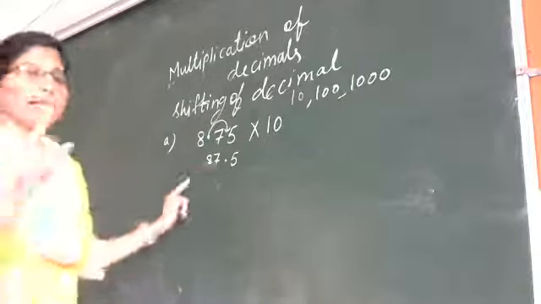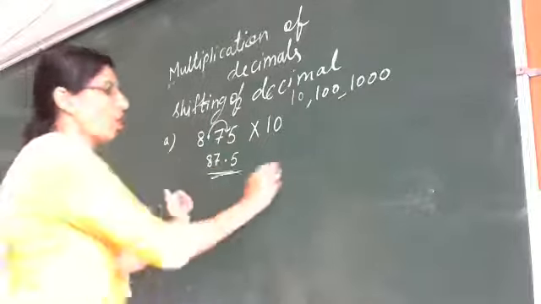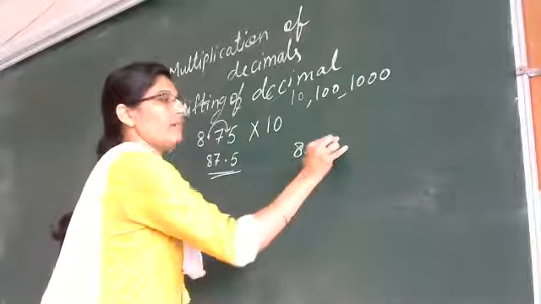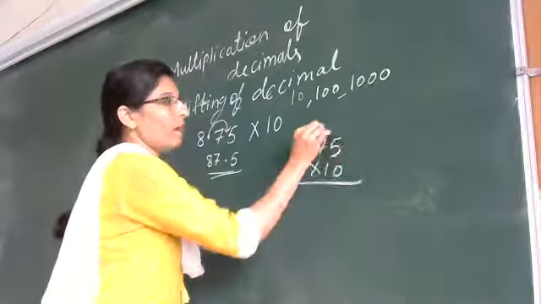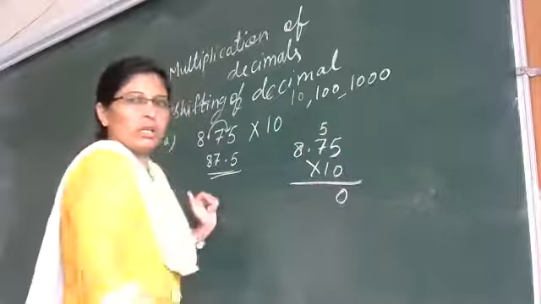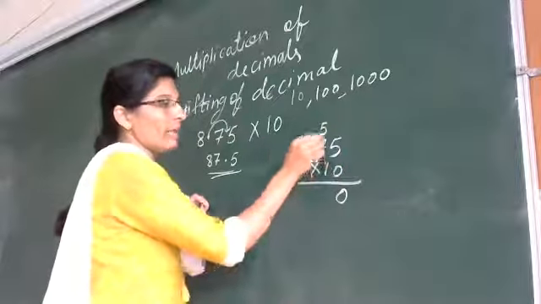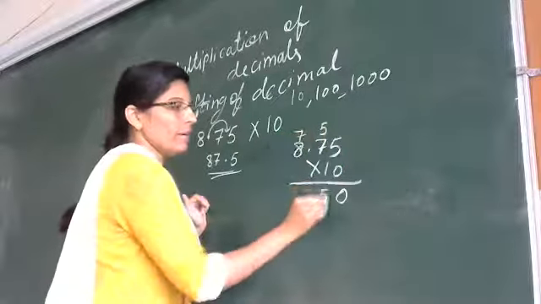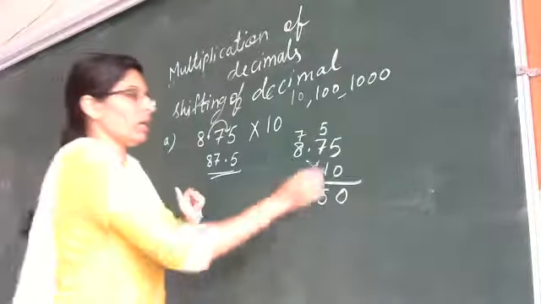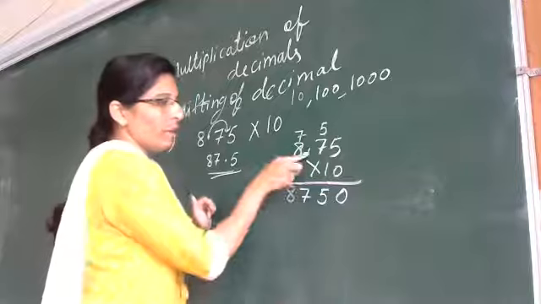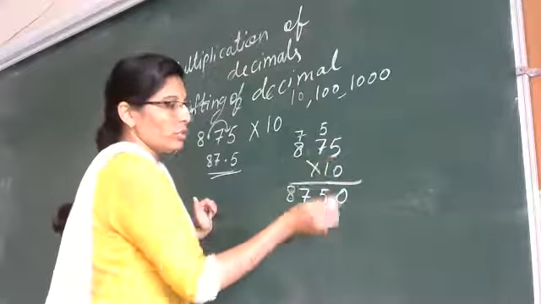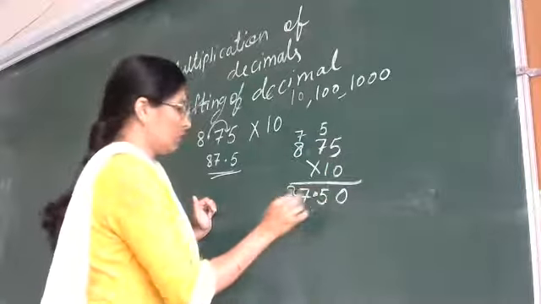See, we will multiply and see whether our answer is correct or not. 8.75 multiplied with 10. 10 5s are 15. 10 7s are 70 plus 5, 75. 10 8s are 80 plus 7, 87. After the decimal point, 2 digits, so 1, 2.